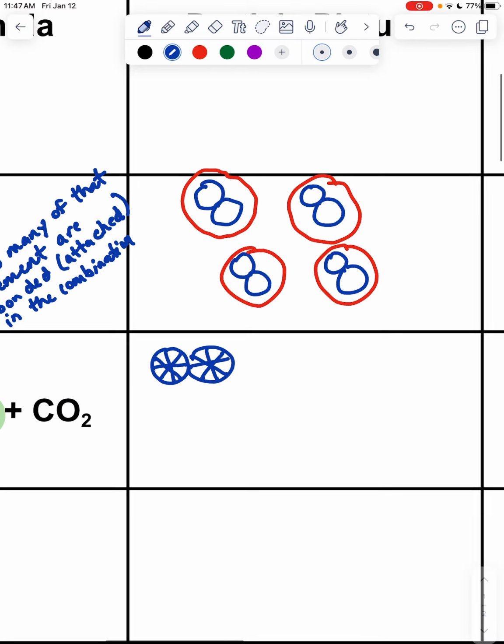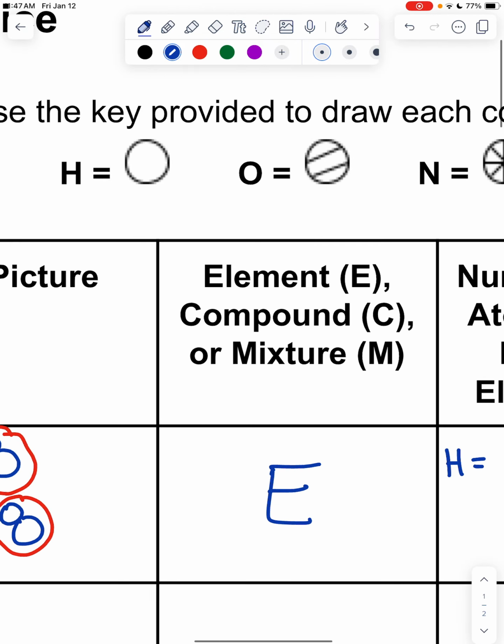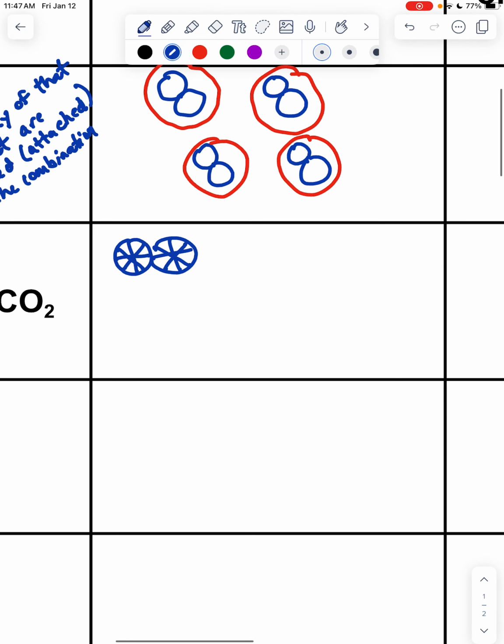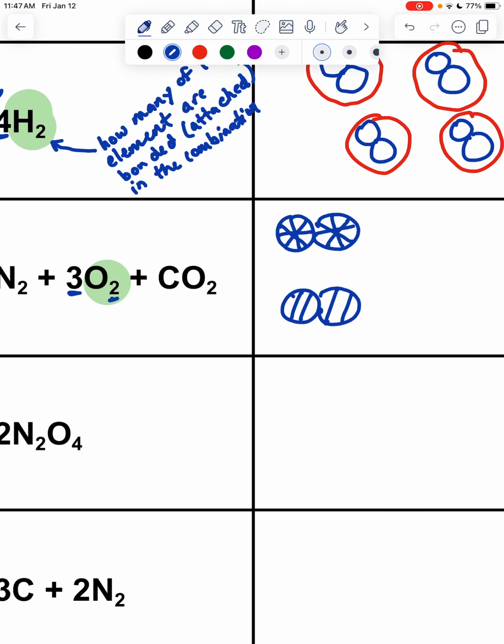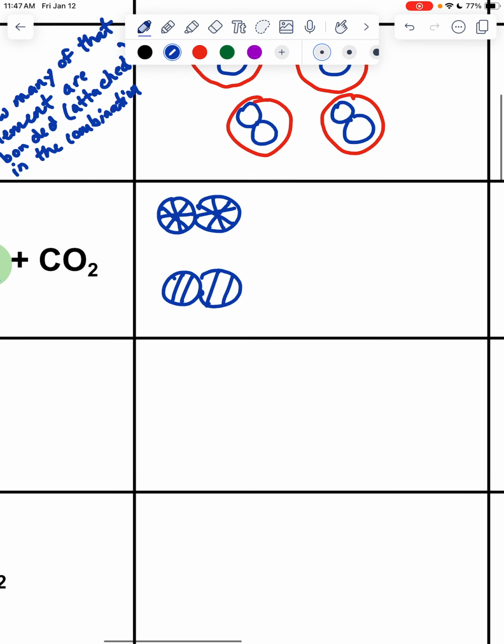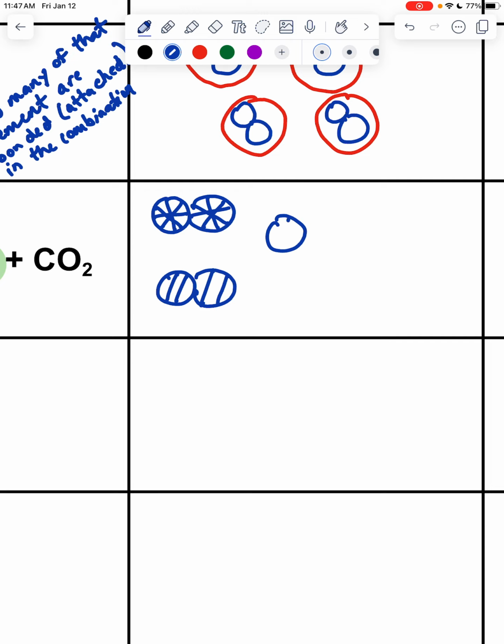In this case, it's O2. O is that nice little two-line bubble. And O2 tells me that there's two connected to each other. That 3 out in front tells me that I have 3 of that combination.